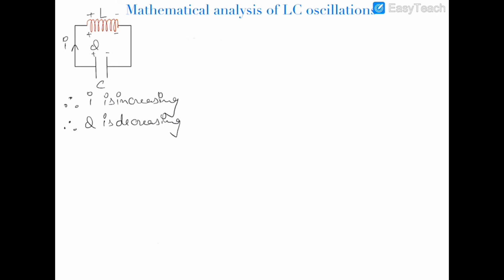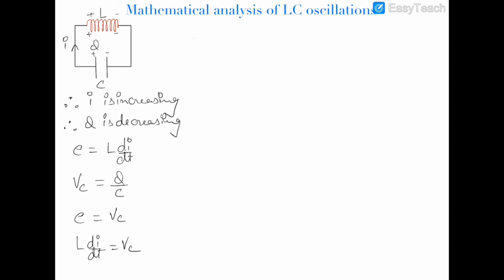Now we know that the EMF across the inductor is L di by dt, and if I'm taking the magnitude, then I will take it positive, because di by dt is also positive as the current is increasing, and the potential across the capacitor is Q by C. So we can say that E is equal to Vc, because these two are connected in parallel, and L di by dt is equal to Vc.